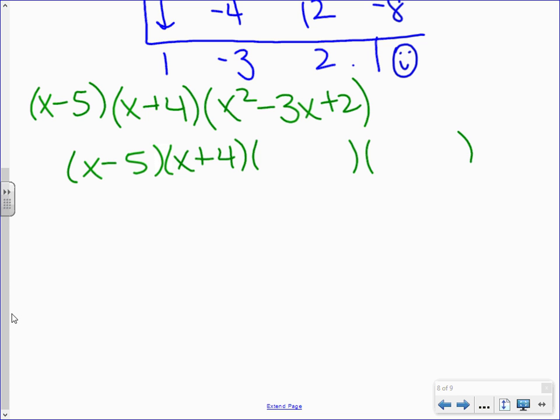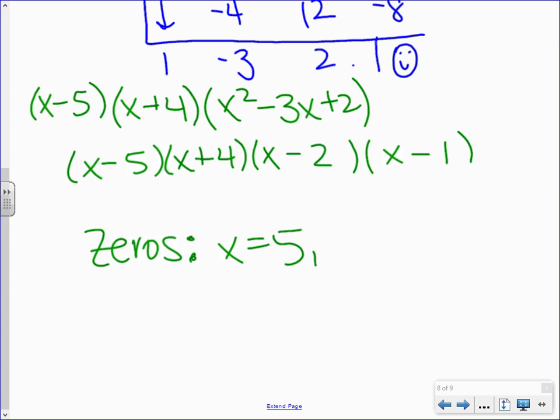What is x squared minus 3x plus 2 factor to? X minus 2, x minus 1. Those are our factors. If I ask you for all the factors, that would be your answer. I asked you for zeros, so your zeros are 5, negative 4, 2, and 1.